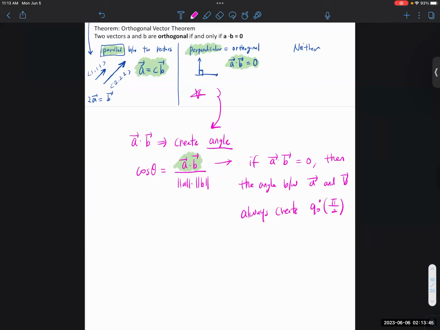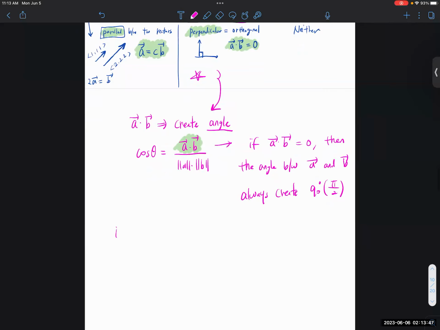The last statement: if A dot B is 0, then what? A vector and B vector have a perpendicular relationship. This is what we call orthogonal.